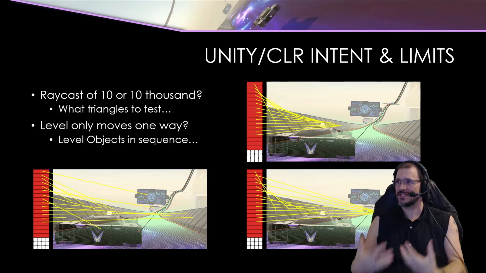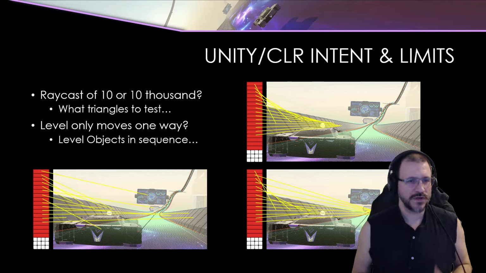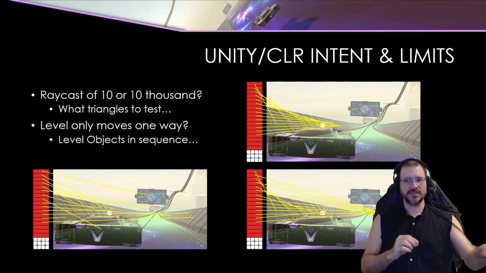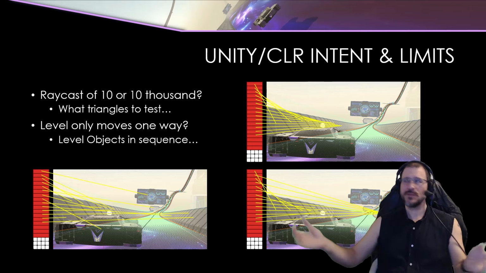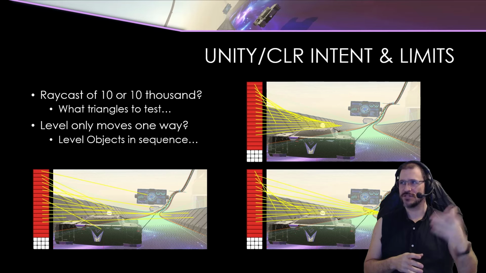Now, that could feel expensive if we have a lot of vehicles doing it. And one of the reasons for that is because Unity doesn't necessarily know how far out we need to go. We could produce a set of memory that can operate at a much faster state because we know exactly how many triangles we actually need to compare against. For instance, a raycast of 10 or 10,000.